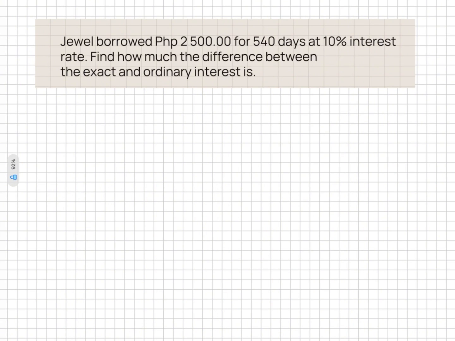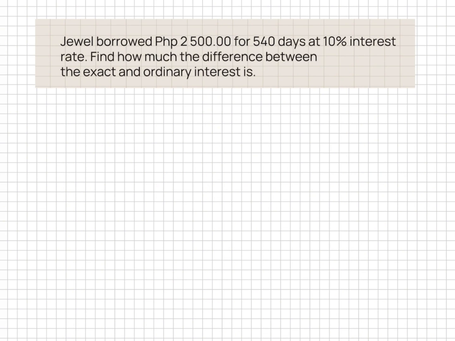So on this next problem, it would involve both exact and ordinary interest. So we would find the difference between the exact and ordinary interest. Jewel borrowed 2,500 pesos for 540 days at 10% interest rate. Find how much the difference between the exact and ordinary interest is. So first, we need to define the given.